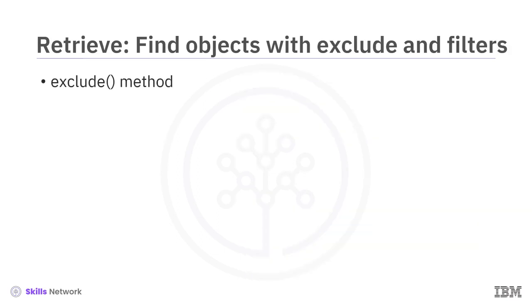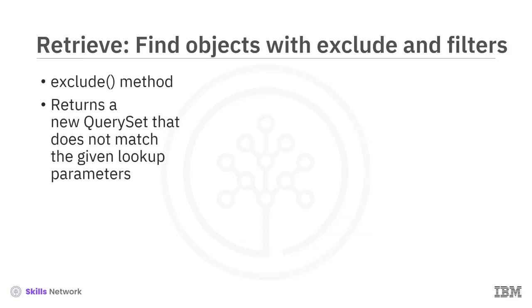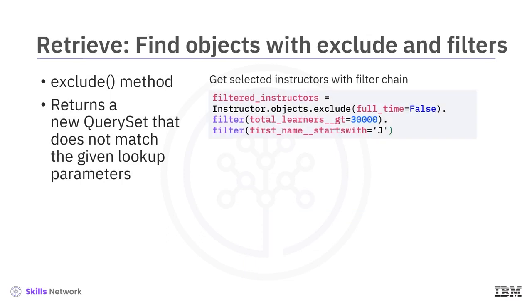The exclude method returns a new query set that does not match the given lookup parameters. Since both the exclude and filter methods return a query set, we could further append exclude and filter methods to form a filter chain. This is like adding multiple conditions using AND in a SQL where clause. We can find a subset of instructors using both exclude and filter.